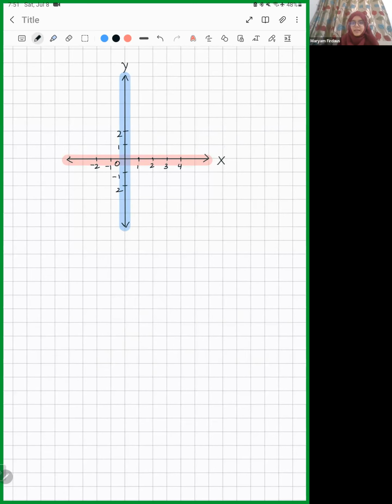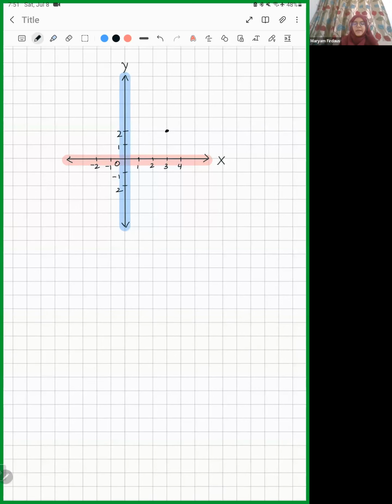Now let's say I want to point towards an object which is, let's say, over here. Can you see the black dot? That is my object. Or let's change the position of that. Let's make it here.